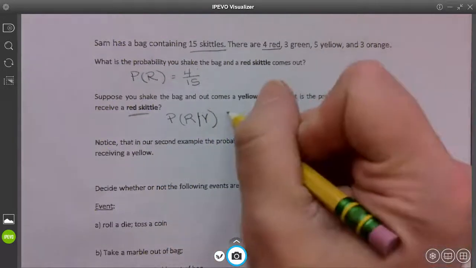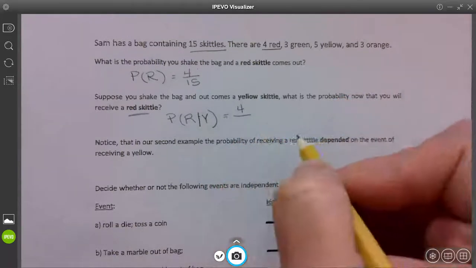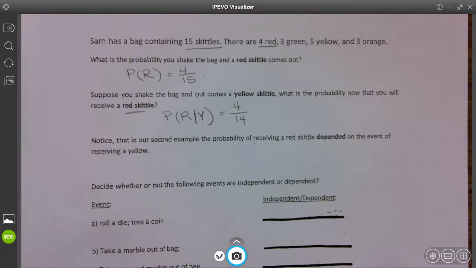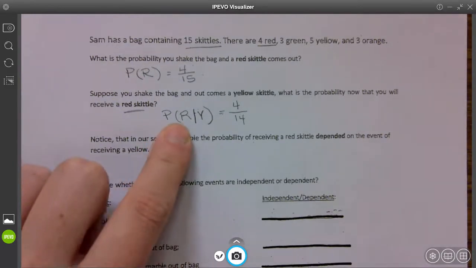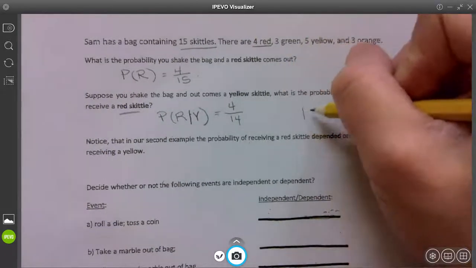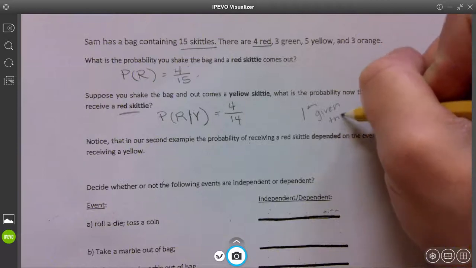So these are a little bit different. I still have a probability of red of 4, but a yellow one just came out, so now it's 14. You've done this before in middle school, but you didn't notate it or were conscious about it like that. You were just like, oh, a yellow one happened, now I have 14. So we're saying, what's the probability to get a red given that yellow just came out? This little line means given that, okay?